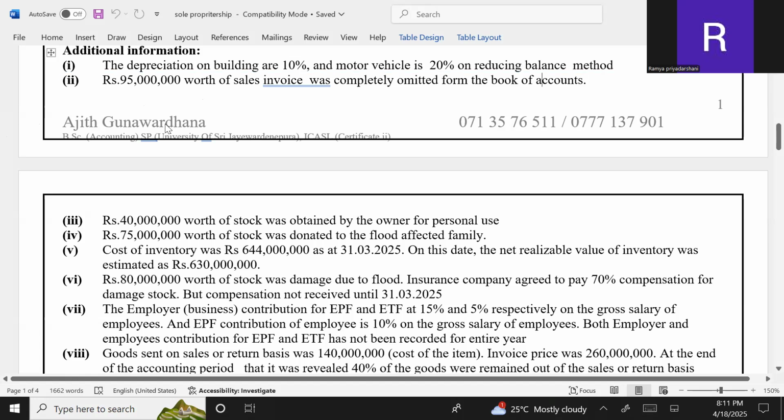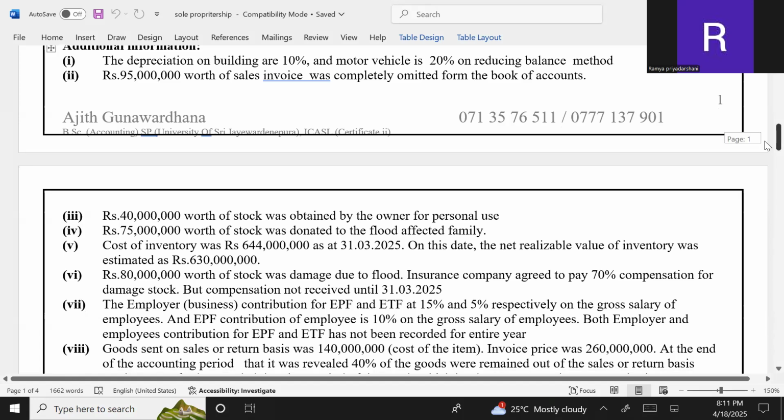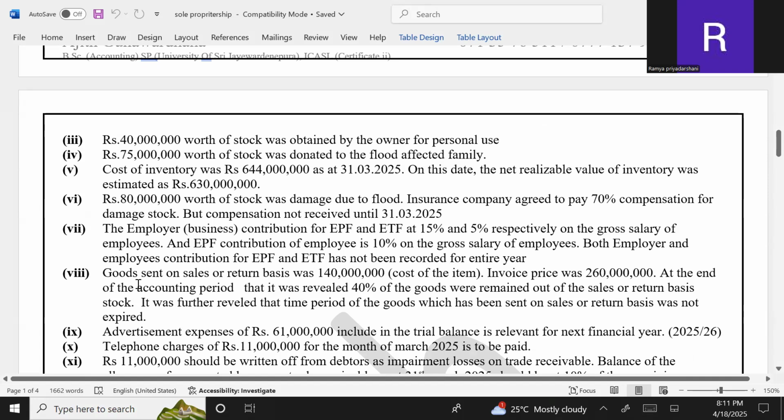And if goods sent on sales or return basis is given, it should be done at the same time. If sales invoice completely omitted is given, it should be done first. At the same time, goods sent on sales or return basis, additional 8.